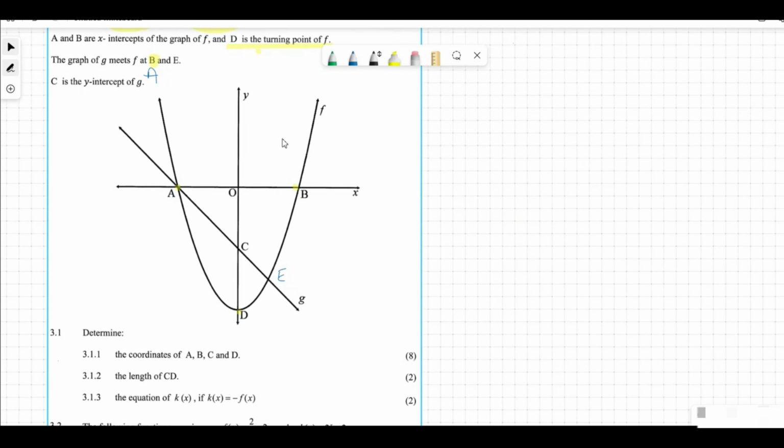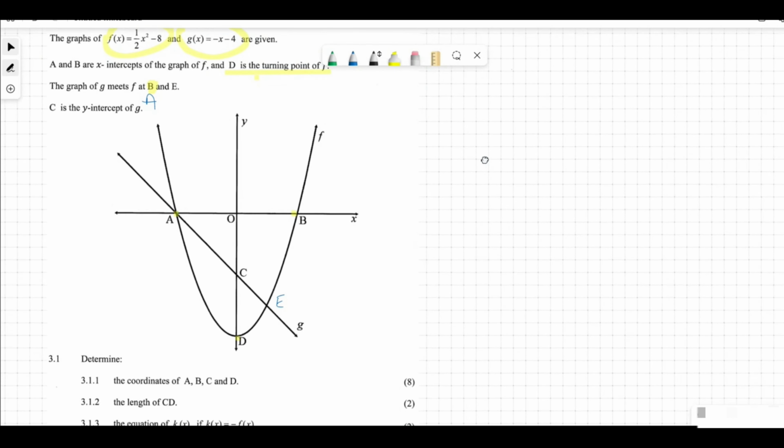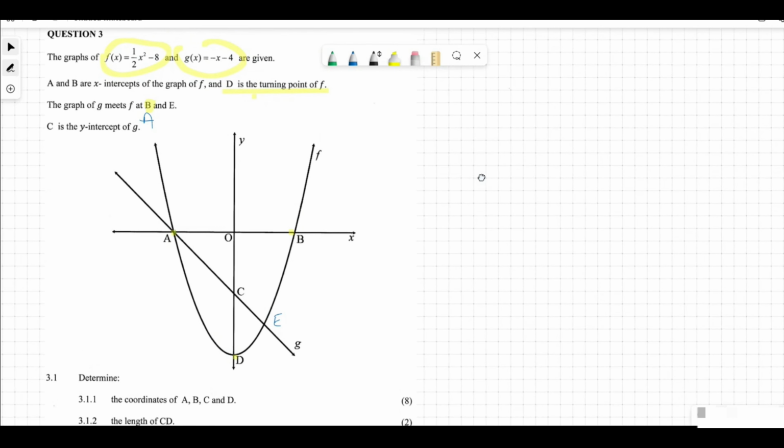So our first 3 marks are for question 3.1.1.